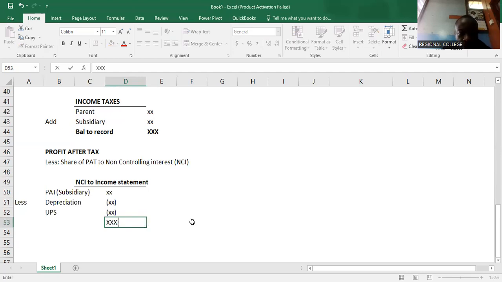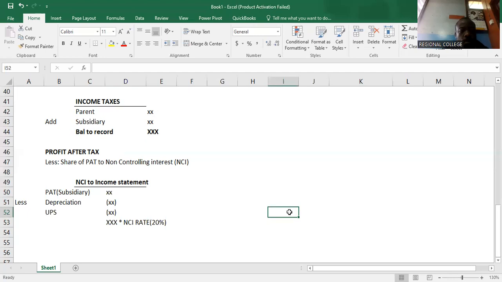That figure I multiply by the share of NCI. So I multiply by the NCI rate, e.g., if they're controlling 20%, I multiply by 20%. So I have to check how much is the rate that they are controlling. That value, I deduct it from profit after tax.